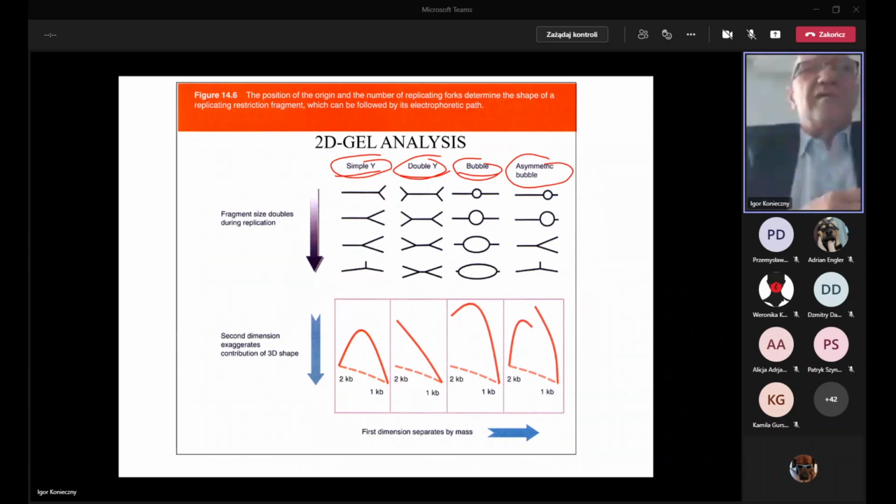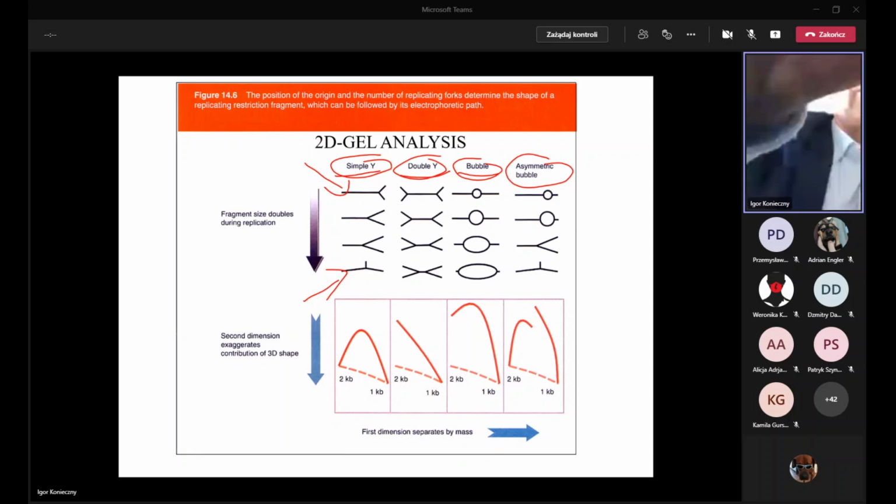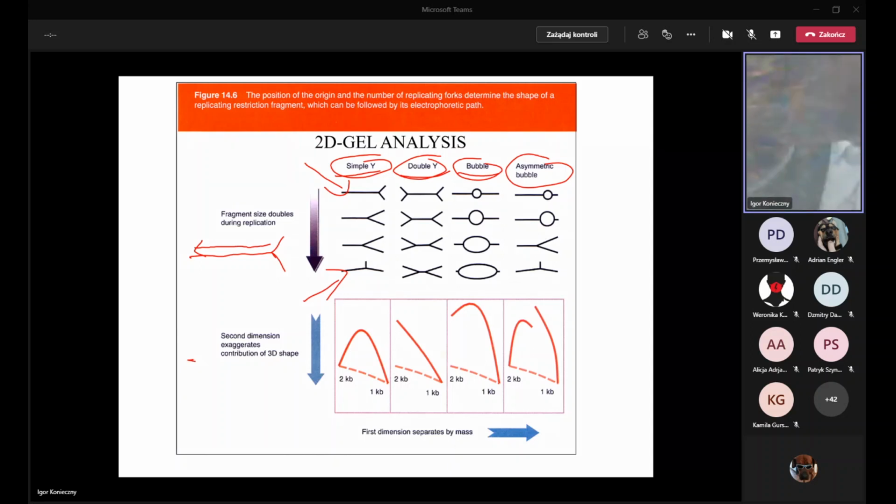This graph is a little bit misleading, because when you look at the Y over there and the Y over there, it's not necessarily very true. If we have a DNA length of this, and it's a Y, then when the progression of the replication fork is almost to the end, this DNA fragment would be almost doubled, because that would be this length and this length.